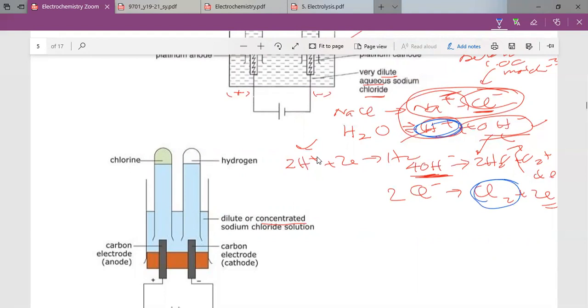Same, 1:1 mole, plus 2 electrons. So what remains, of course, is your OH- and your Na+. That means you get sodium hydroxide remaining. But that's Form 5. Now let's get to Form 6.